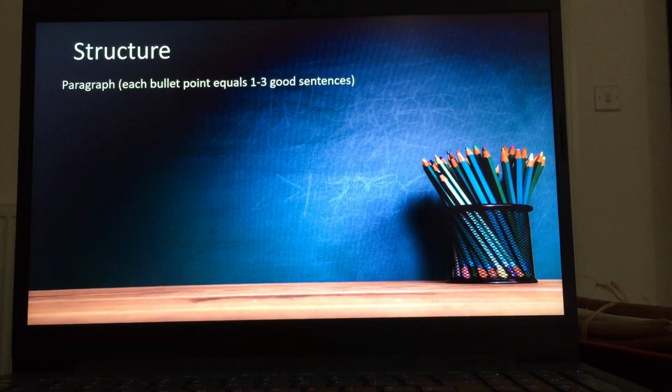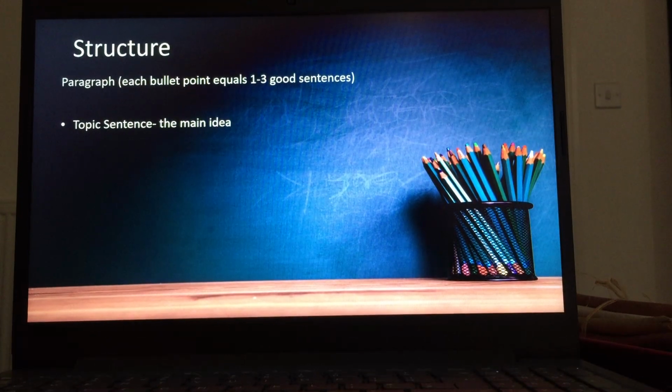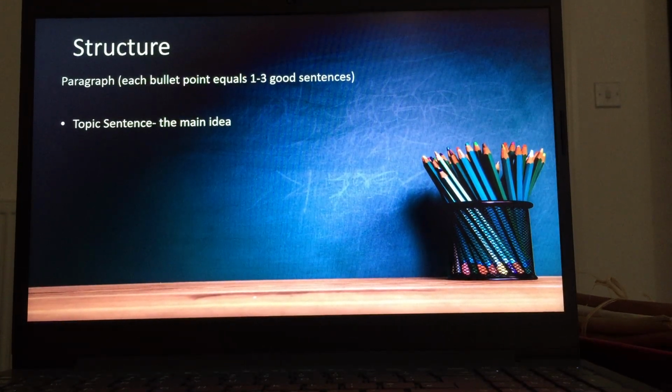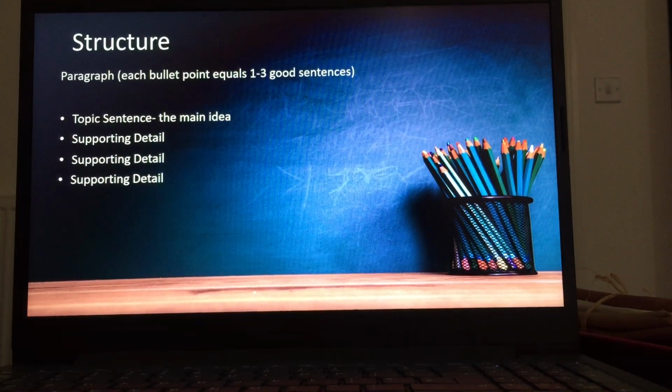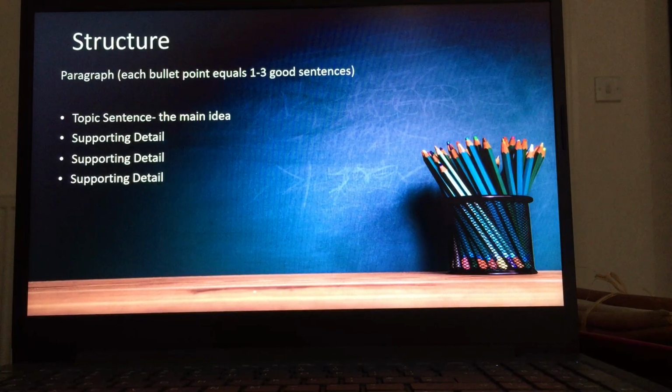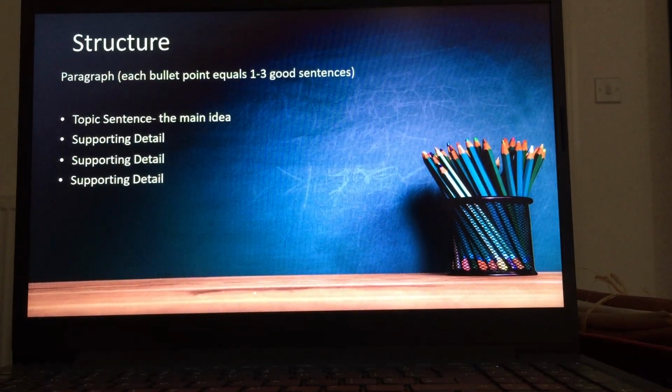The structure of a paragraph is usually made up of a topic sentence, which is the main idea. You would have supporting detail that would support, just that, support your main idea or the topic sentence.